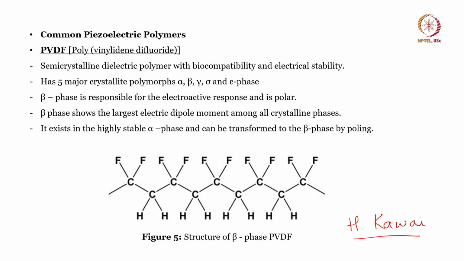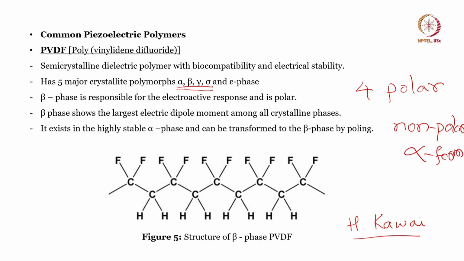The material shows 5 major polymorphic forms. Those forms are the alpha form, beta form, gamma form, delta form as well as epsilon form or phase. Among these 5 forms, 4 forms are polar in nature and only one form is non-polar, that is the alpha form.